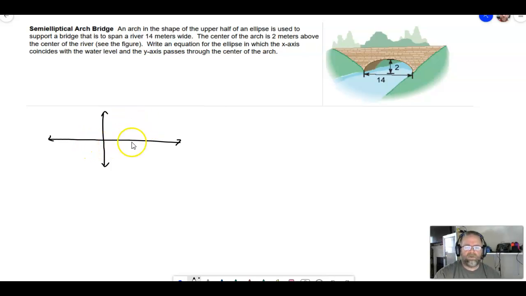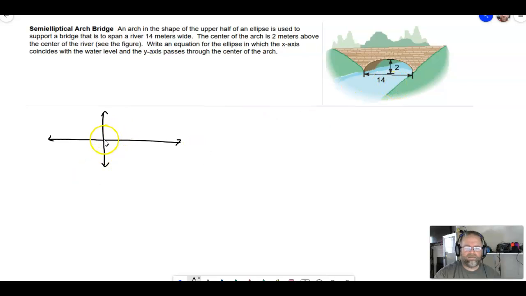So if it's going farther horizontally, that means that we're going to use the formula for when the major axis is the x-axis. And if the vertical line is longer on this ellipse, then we're going to use the y-axis formula. That's where the y-axis is the major axis.